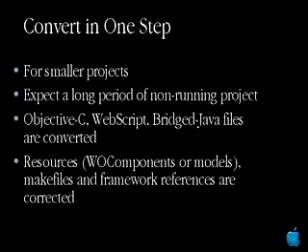So why would you convert in one step? Converting in one step from an Objective-C to a pure Java project can be done for smaller projects. You can expect a long period of non-running. I'm just being objective. And all your files are converted, and the resources, the make files, and the framework references are corrected.